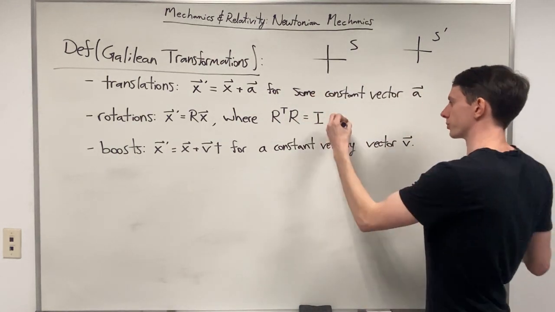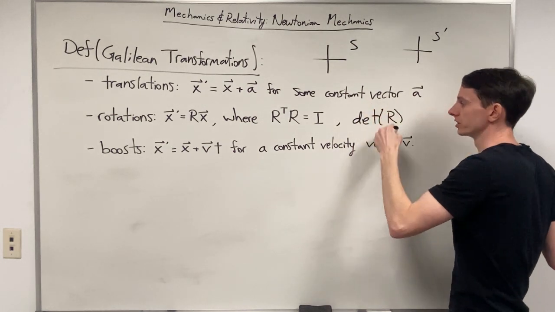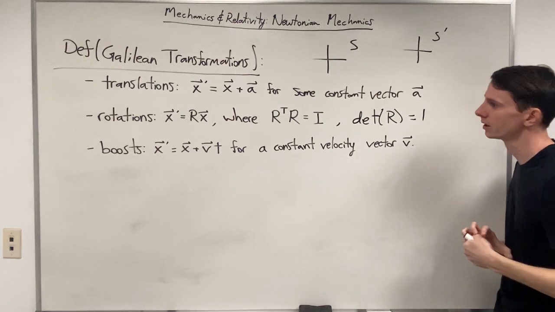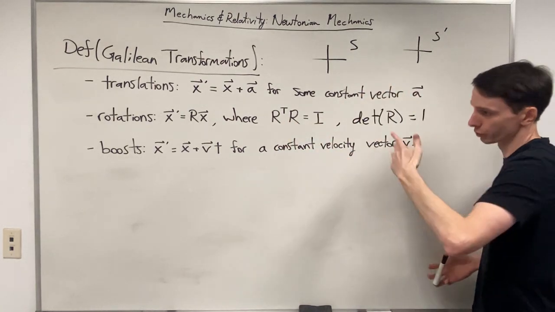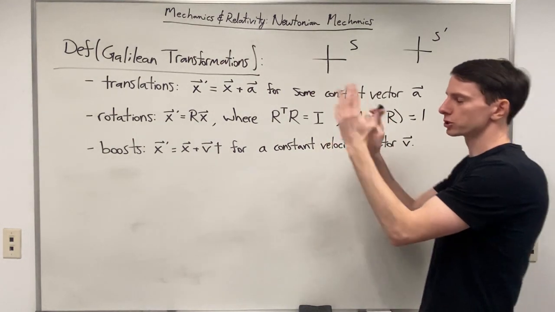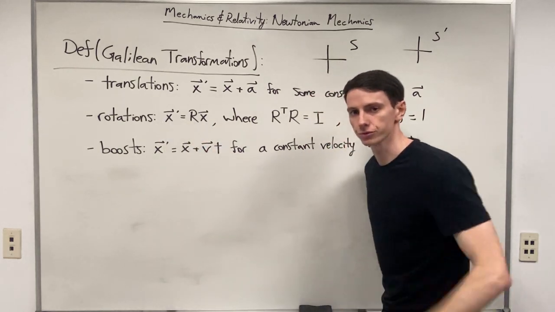In addition to this, we could also say that the determinant of this matrix is 1, as opposed to -1 if it was a reflection. But in the general case, it would account for both rotations and reflections. Okay, so that's the second way we can relate these two frames of reference.